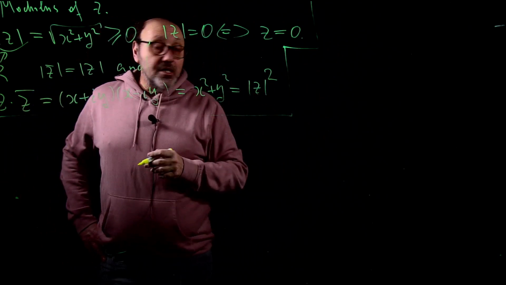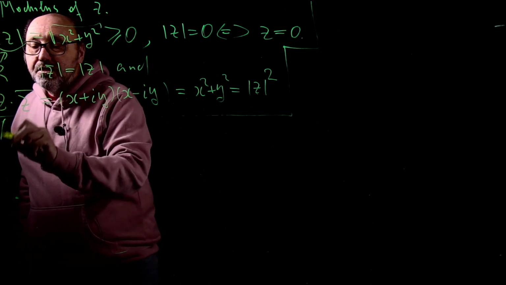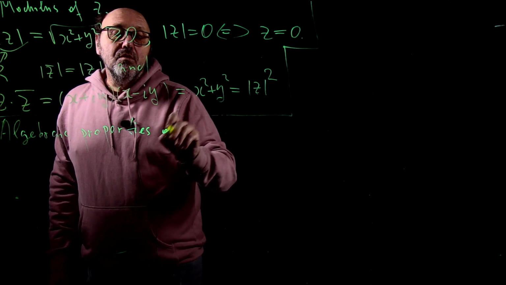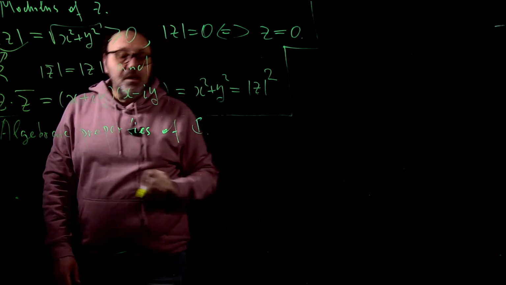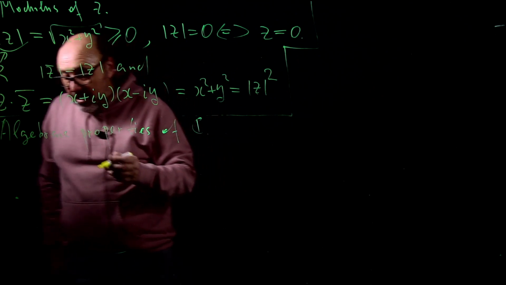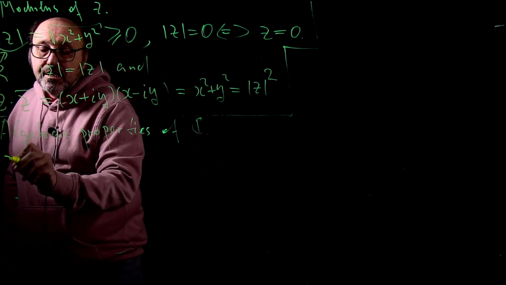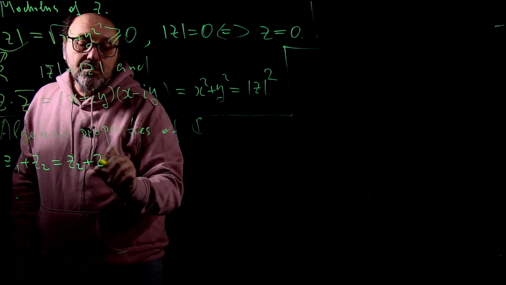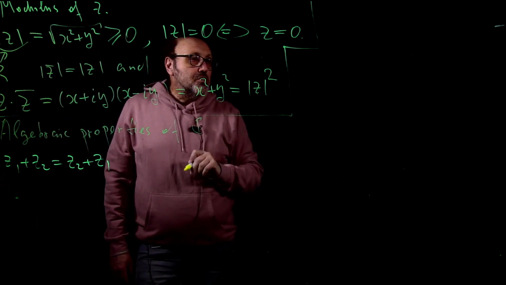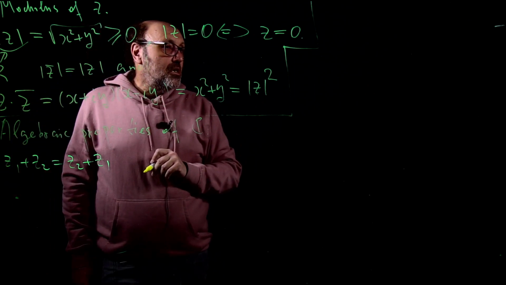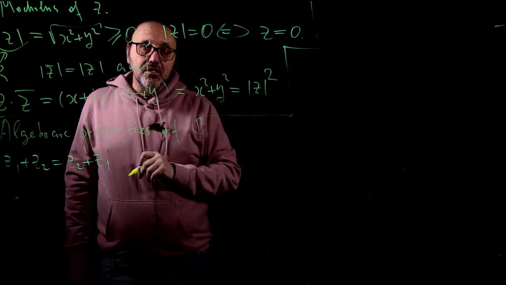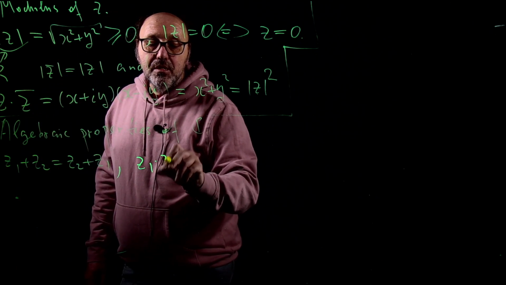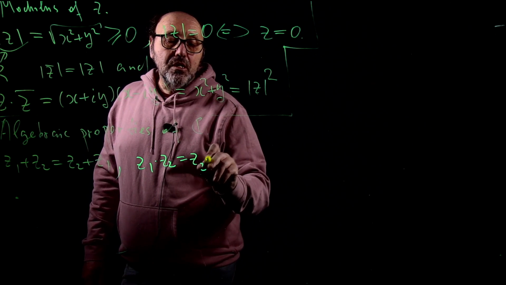Then we have the following algebraic properties of the complex plane, C, of complex numbers. So the basic properties are, if you take the sum, of course, the permutation is allowed, so this means the addition of complex numbers is a commutative algebraic operation, absolutely the same for the product.